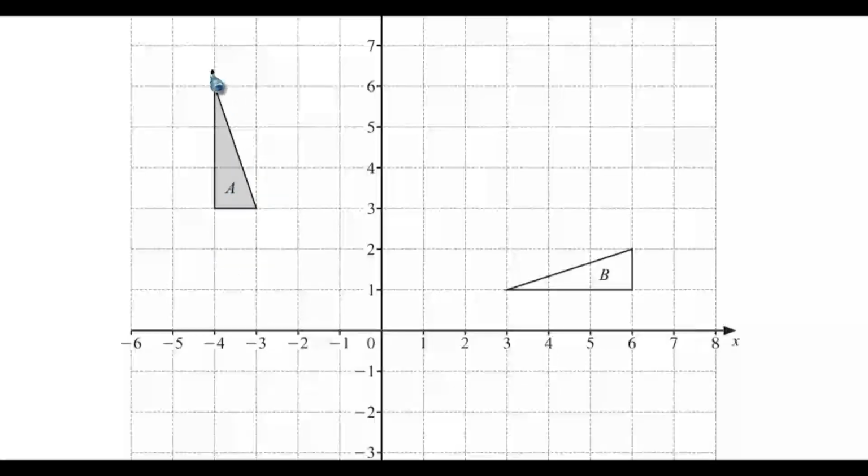This will be P, Q, and R respectively. If you compare the object with the image, you see that it was rotated in this direction, that is anti-clockwise. So Q prime will be here, then R prime will be here, and P prime will be here. So it is a rotation in the anti-clockwise direction.